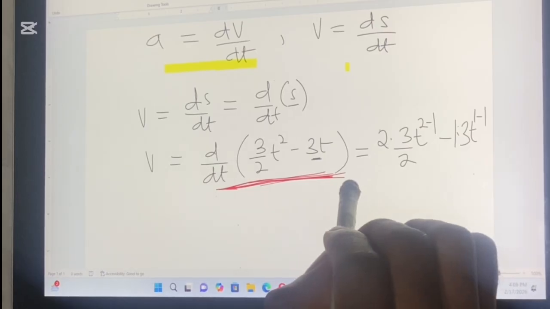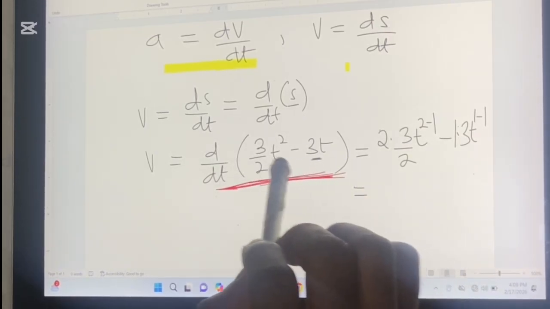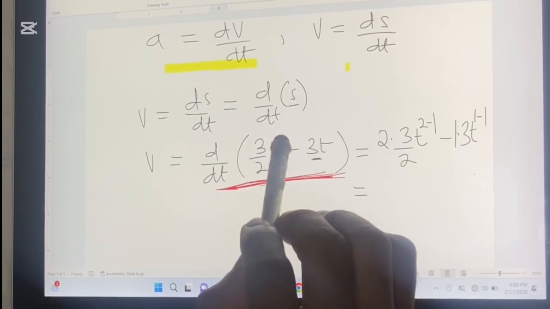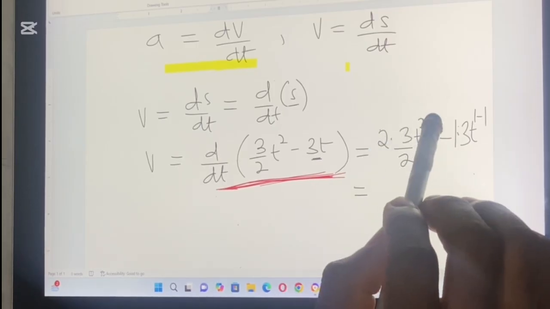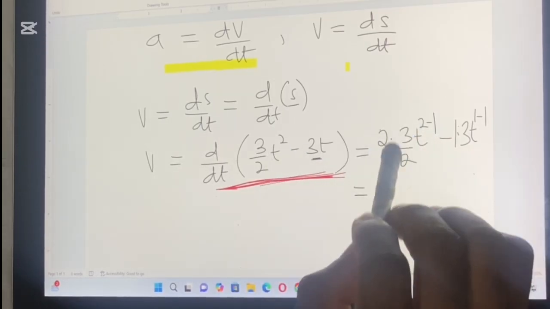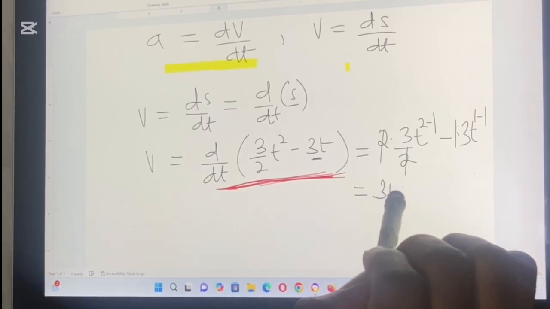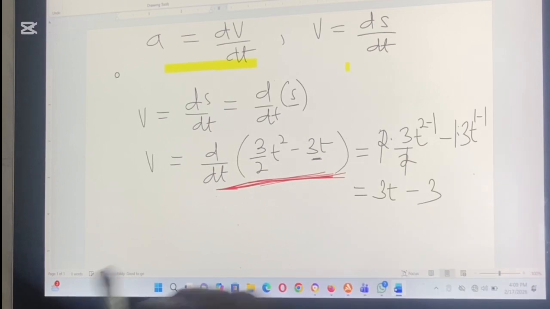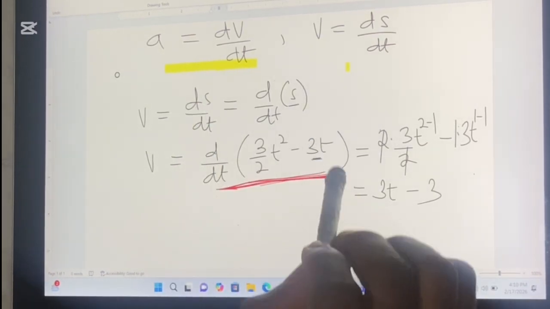So this is how we differentiate any function of this pattern, whenever you have one digit, a letter, and a power. To differentiate that, you take the power down to the base, you subtract 1 from it. So we cancel this, and I'll be left with 3t minus 3. So we have calculated for the velocity here.